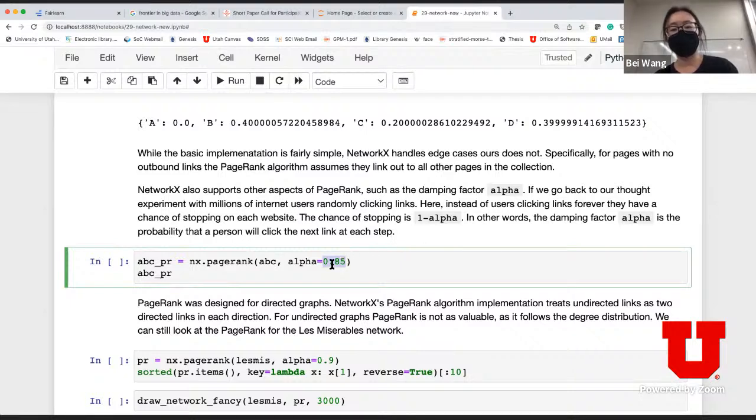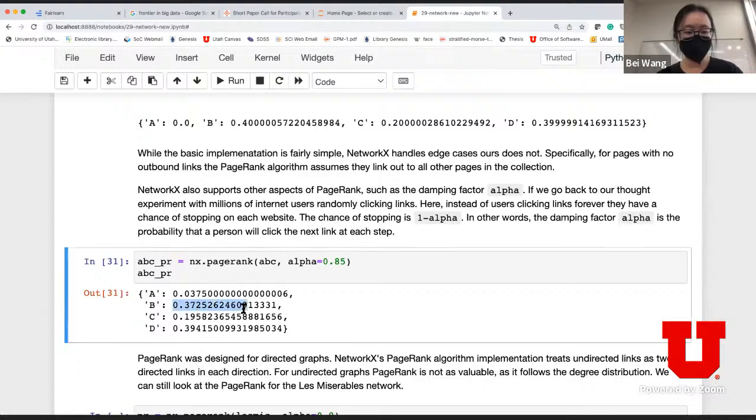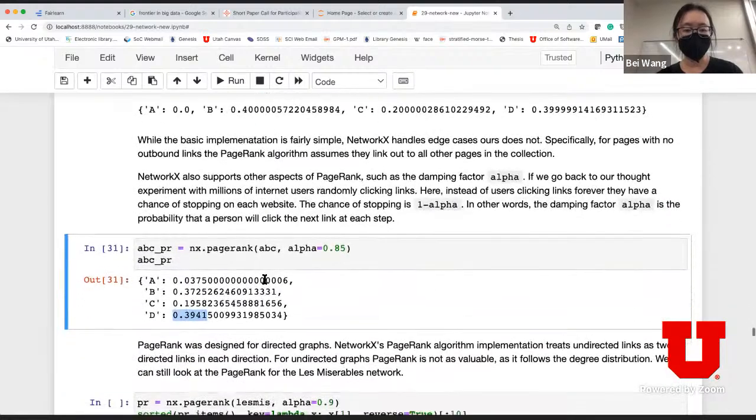So when alpha is really big, I want to run this for a longer period of time. But when it's really small, it's going to be closer to the initial distribution. If I set it to 0.85, you see that this is closer to what we are converging to in this specific case. Actually, in this case, B has a smaller mass than D.